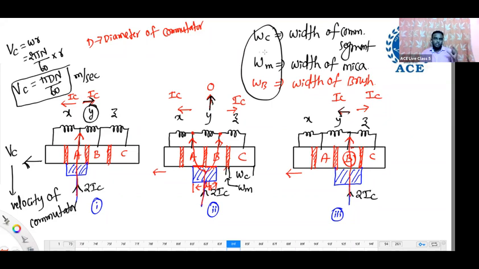One design specification is that width of brush equals the sum of mica insulation plus commutator segment width. Width of the brush should not be more than this sum. Otherwise, at every instant two segments are shorted. It should not happen. So width of the brush should be equal to these two only.